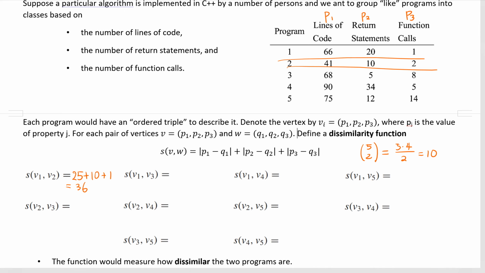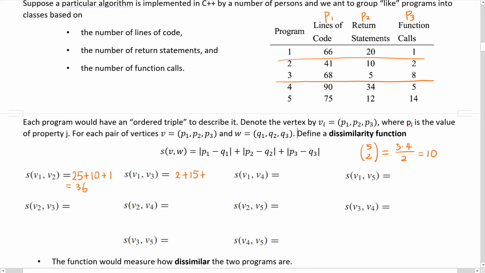Next, V1 and V3. We have 66 and 68, the difference is 2. And 20 and 5, the difference is 15.